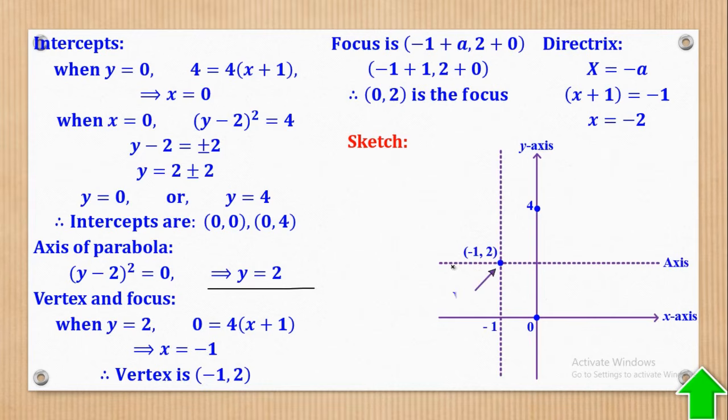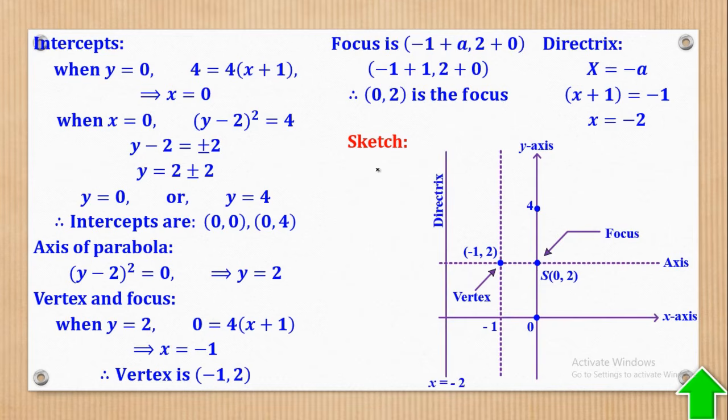So this will be the line of symmetry. And then the vertex was (-1, 2), which is there. The next will be the focus, which is (0, 2), which is there. And then the directrix, which is x equal to -2, which is there.